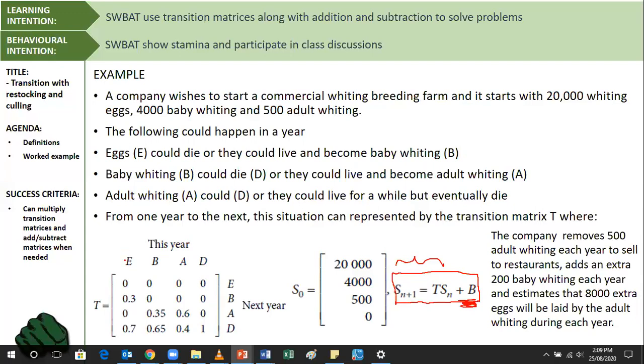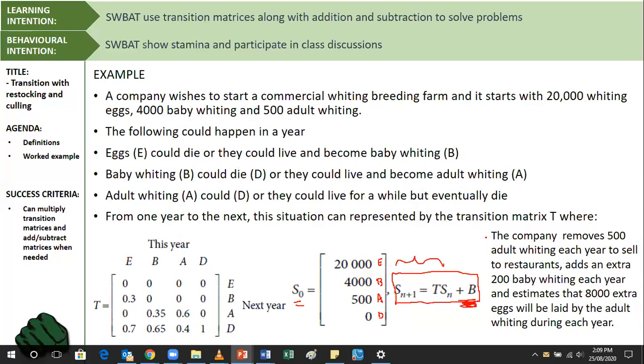Here, E represents the egg, B represents the baby, A represents the adult, D represents dead. Initially, S0, you have 20,000 eggs, 4,000 babies, 500 adults, but none of them are dead. This is the initial scenario.